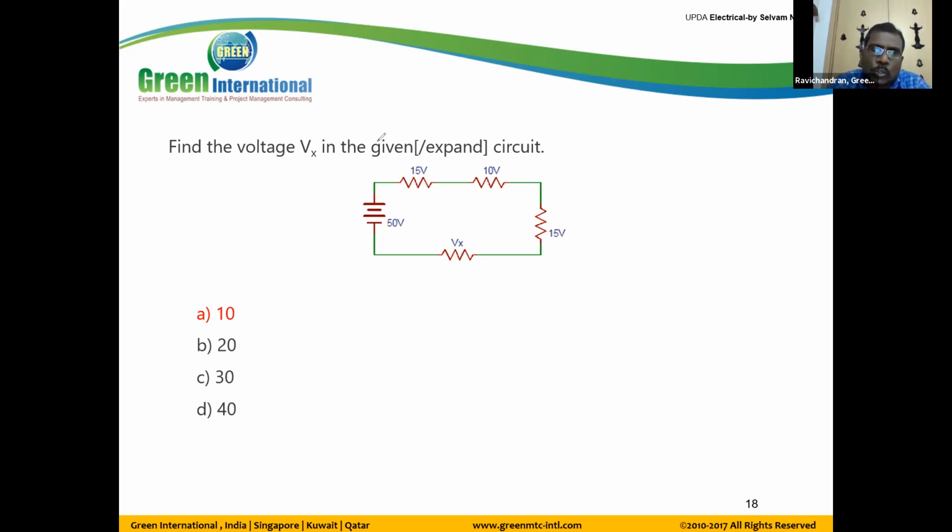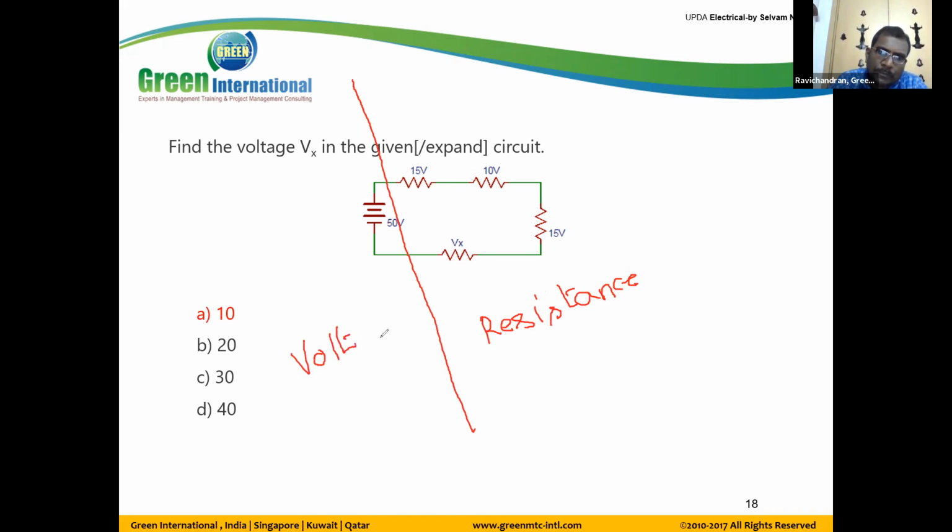Now the circuit is divided into two halves. Here we have a resistance, here we have a voltage source. If you have a source, we call it an active element. Voltage source and current source are active elements, and resistance and inductance are passive elements.